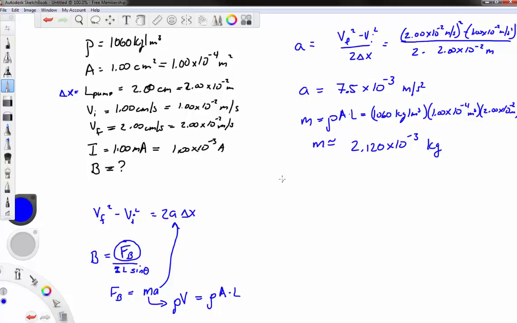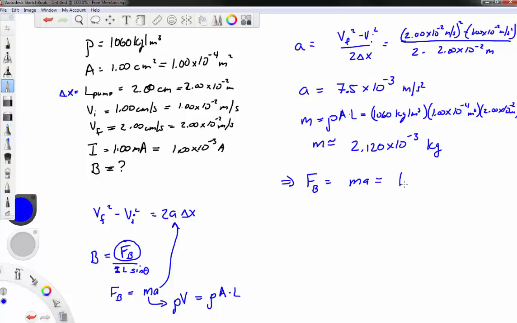All right, so now we've got all that. Therefore, we can now find what the force is. The force is given by the mass times the acceleration. So we need to do this 2.120 times 10 to the minus 3, and that has to then be multiplied by 7.5 times 10 to the minus 3 more.